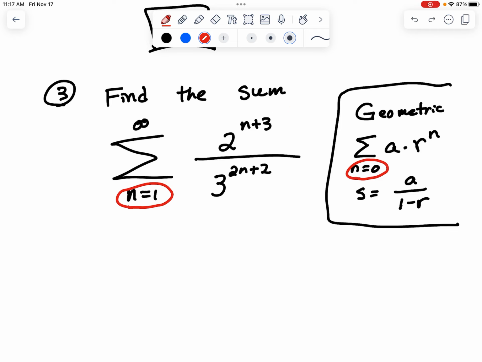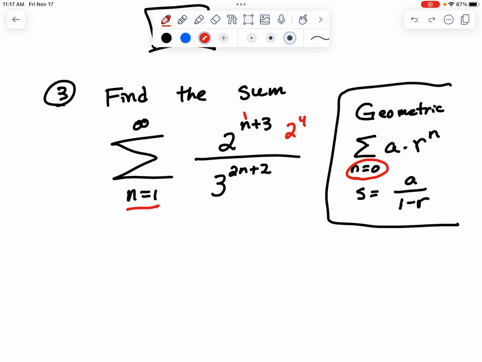So let me just show you in numbers real quick. If this is n equals 1, and you substitute a 1 here, that means that this is going to be 2 to the 4th for the first term. If we then want this to be a 0, and we still need it to say 2 to the 4th, that means we're going to have to add 1 to this.